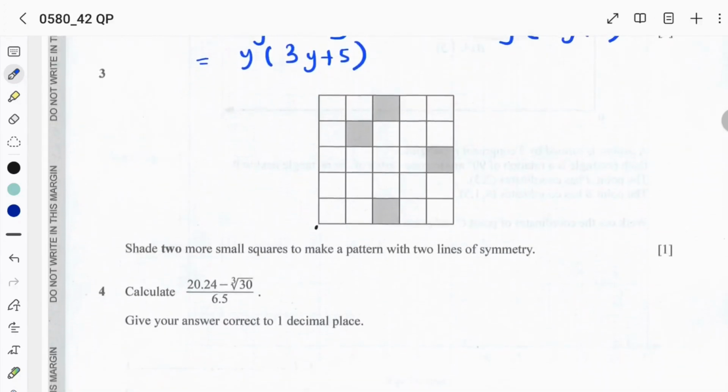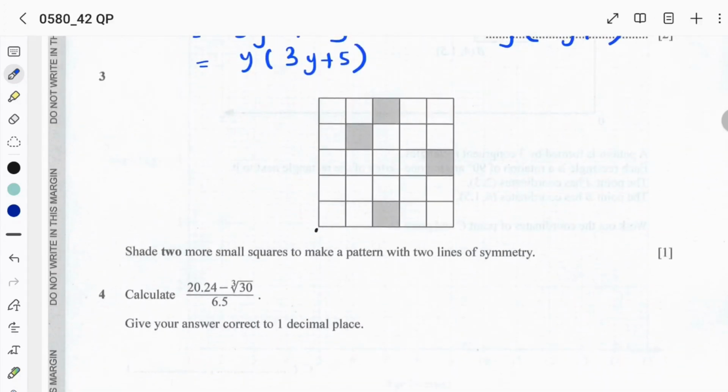Now question number 3. Shade two more small squares to make a pattern with 2 lines of symmetry. If we are shading, just look at the line of symmetry. If you look at these boxes, it's one line of symmetry and the other line of symmetry is perpendicular to this line.